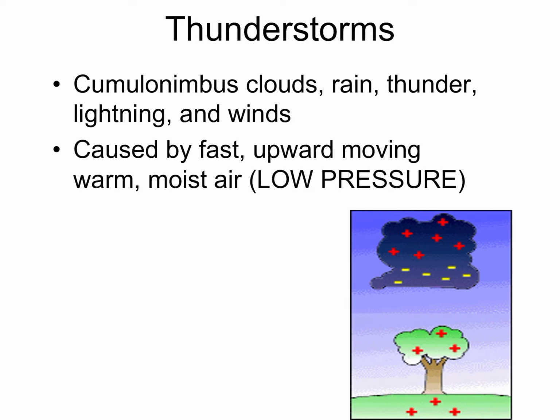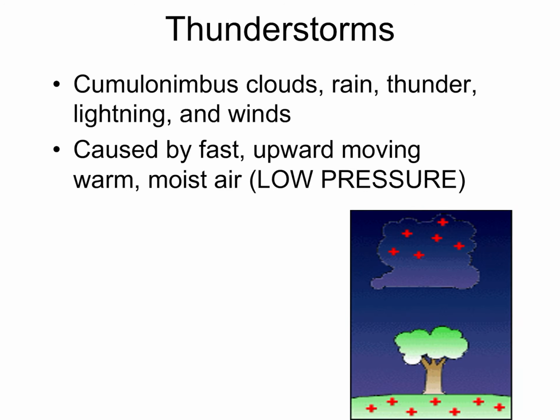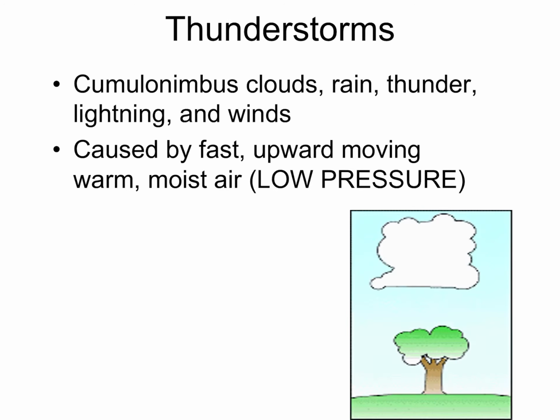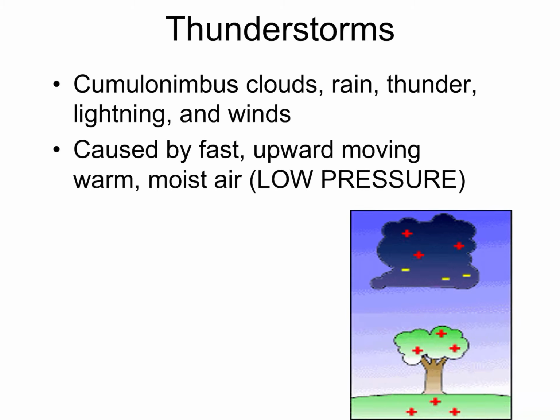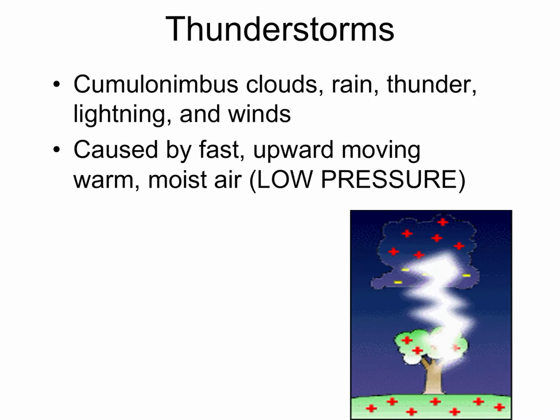All right, so here we go. Thunderstorms, cumulonimbus clouds. Those are the big black ones, right? Rain, thunder, lightning, winds caused by fast, upward moving, warm, moist air. It's definitely going to be low pressure. If you look at this little animation, it's talking about electricity and lightning.